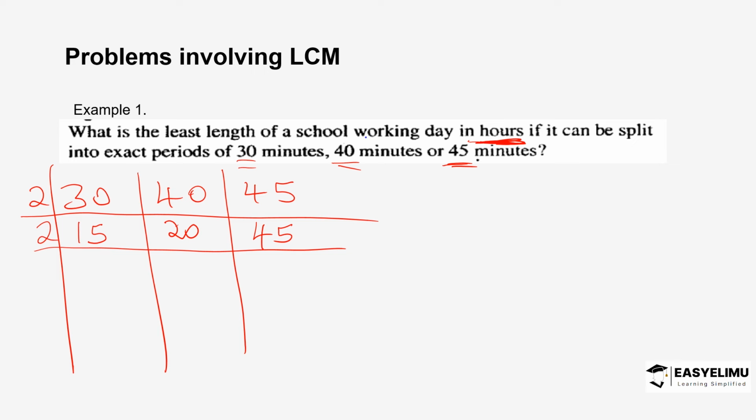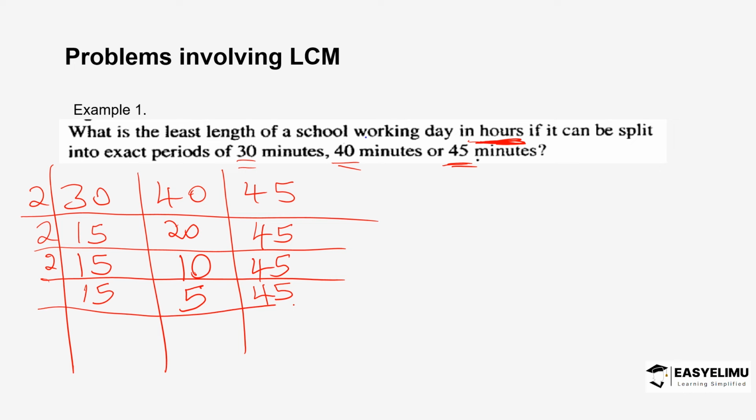Again 2, because 20 is divisible by 2, 15 is not divisible by 2, so I just transfer it to the next line. 20 divided by 2 is 10, and of course 45 is not divisible by 2, so we transfer it to the next line. So 2 again, 15 not divisible by 2, 10 divided by 2 is 5, and 45 divided by 2 is not possible, so we transfer to the next line.